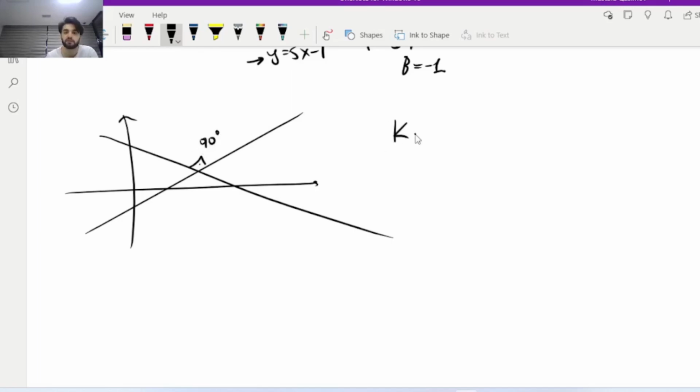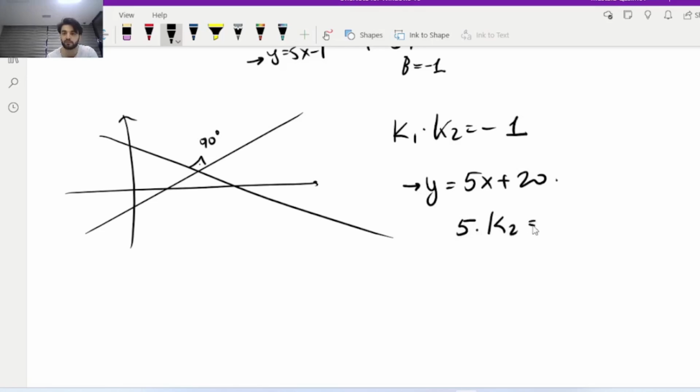For this one, we have this kind of formula. Or we can say that, for example, we have one equation, 5x plus 20. What's the slope of another line which is perpendicular to this one? You can find it like this: 5 multiplied by k2 is equal to -1, k2 is equal to -1 over 5.